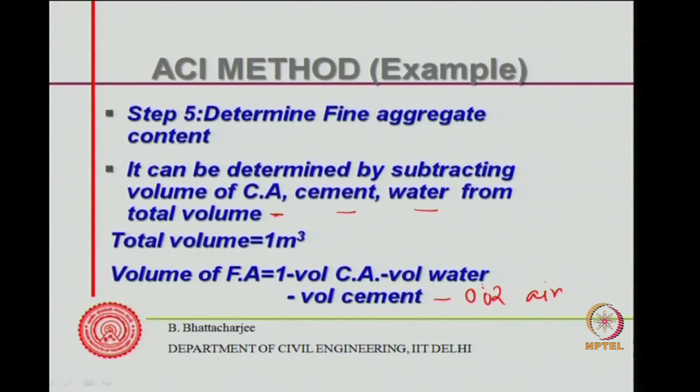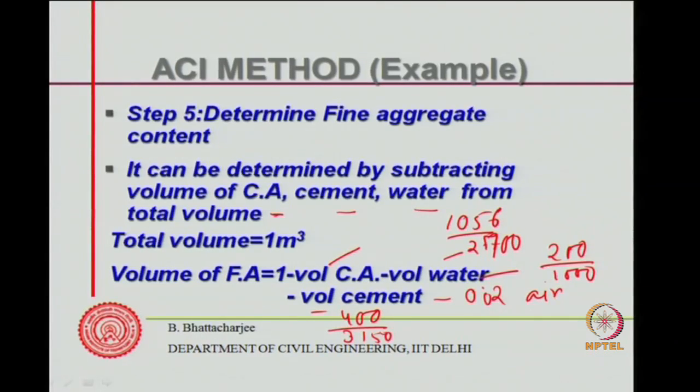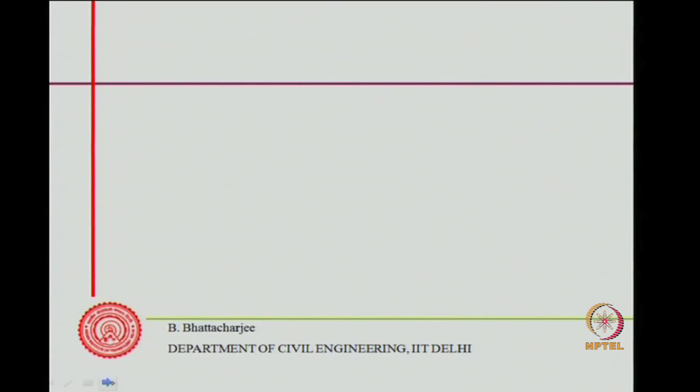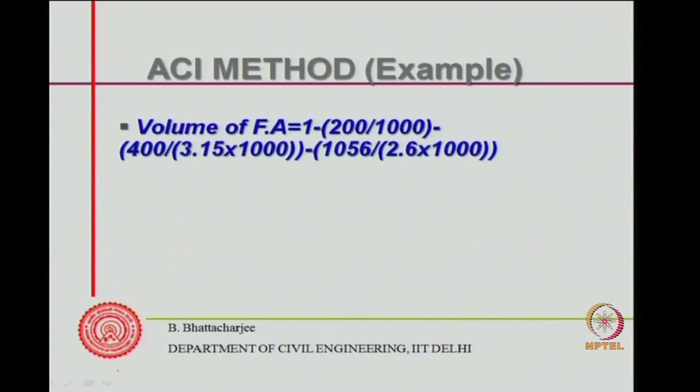Now, the volume of coarse aggregate is 1056 divided by 2700, the volume of water is 200 divided by 1000, and the volume of cement is 400 divided by 3150. So, therefore, you can find out the volume of fine aggregate.